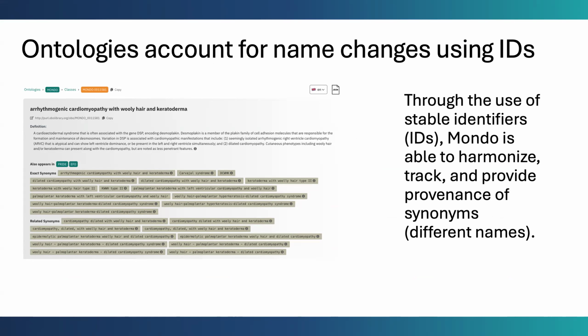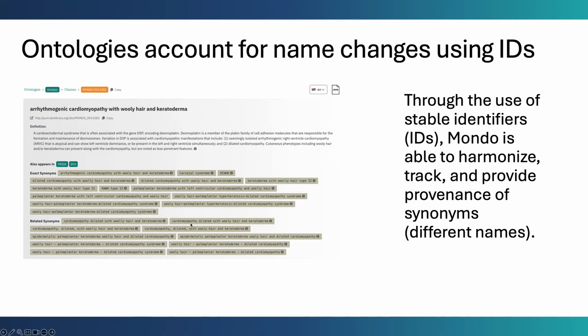If it's a PMID from a paper, if it's from another nosological resource like Orphanet, DOID, if it's somebody else who put it in, a patient advocacy group, you're going to get all the provenance, all the information, and what this ultimately tells us is we're talking about the same thing. It is going to be that there are variations in the gene DSP that cause a variety of phenotypes that include the cardio area, ectodermal area, and that we could have the spectrum of symptoms, but they're the same thing.